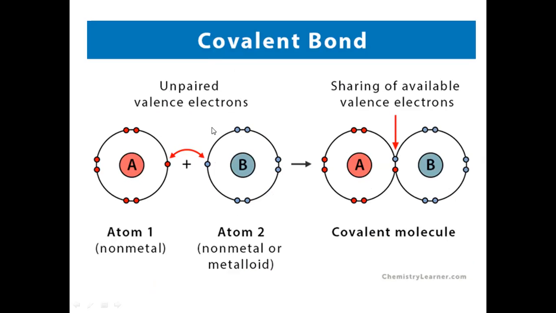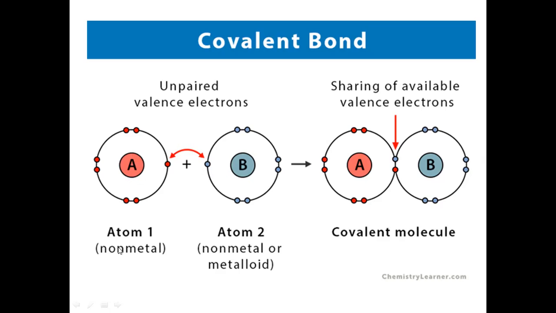Let's suppose this is the valence shell, and these two are paired electrons, and this is having one unpaired electron. Similarly, another atom is having an unpaired electron over here. Then there is the possibility for each of these two atoms to share the electron to form a covalent bond.